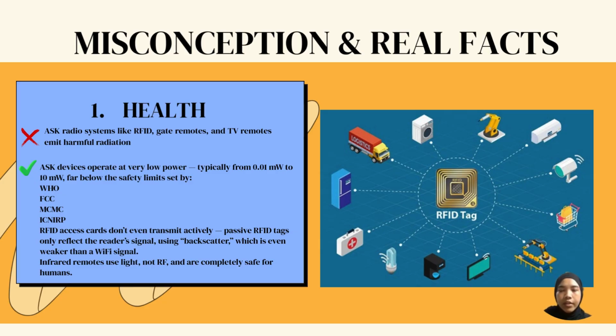Infrared remotes also use light, not RF, and are completely safe for humans. These devices transmit a tiny amount of energy, far less than your phone or Wi-Fi. Most RFID cards don't even generate their own signal, so ASK systems are safe to use daily.